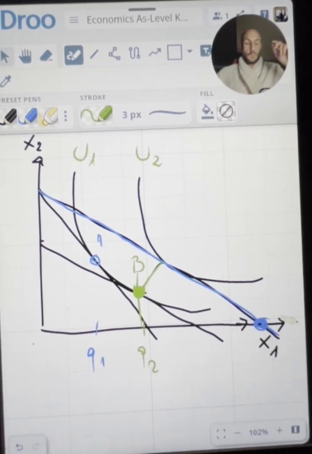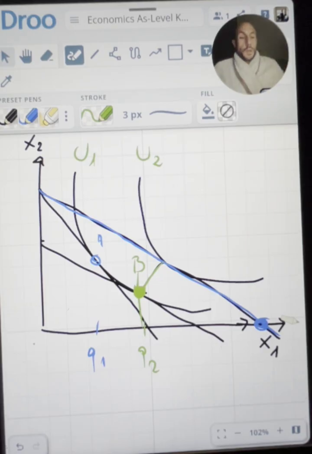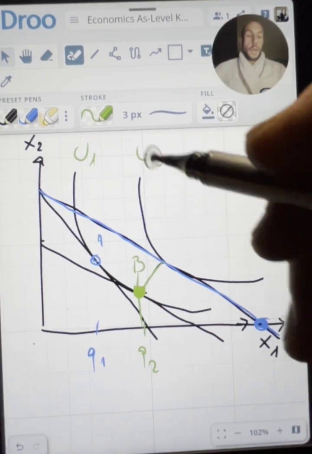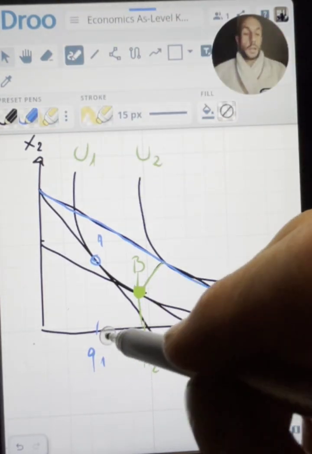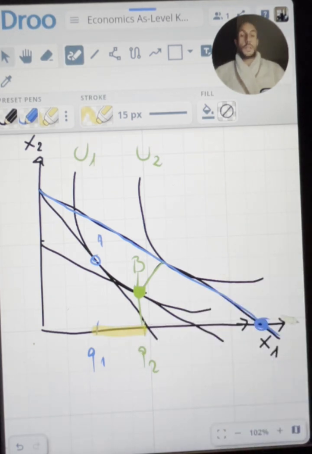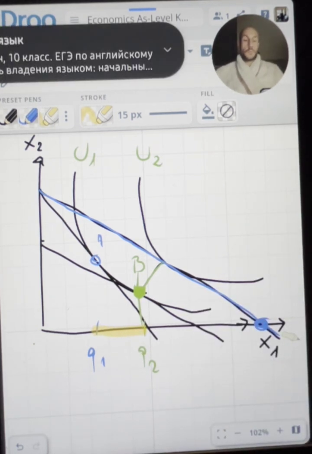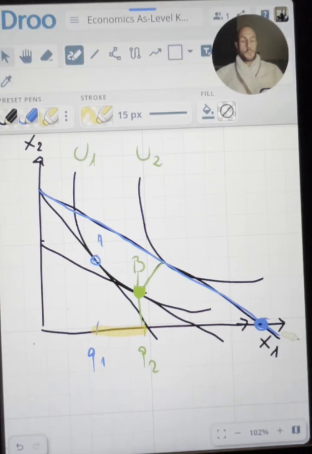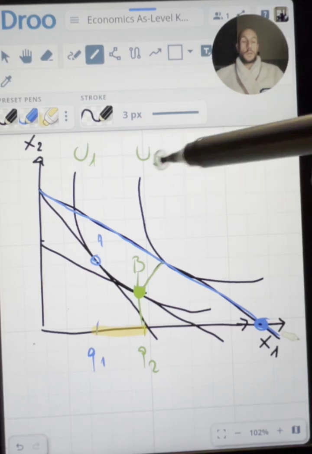All right, following the graph. Okay. Now, this thing here is called the substitution effect. Now, what happens if you really get richer and so your income increases?